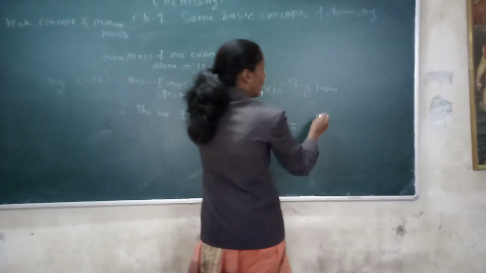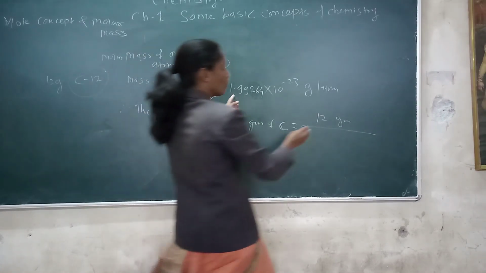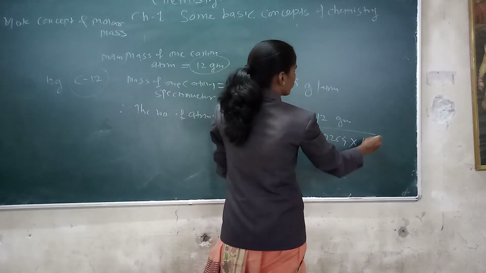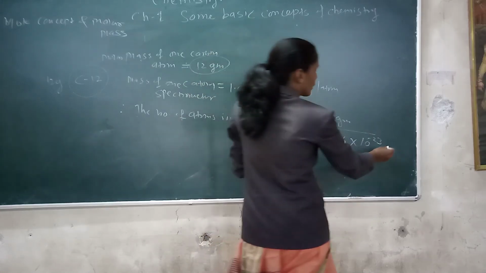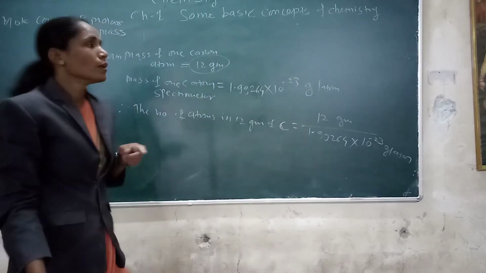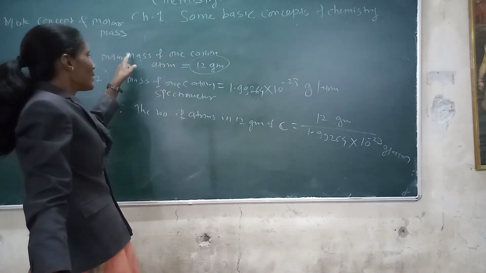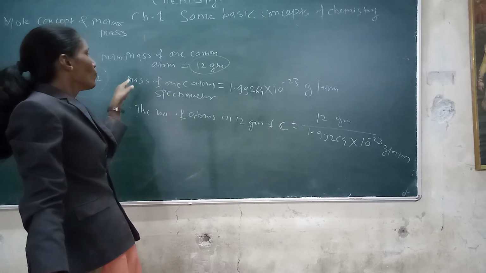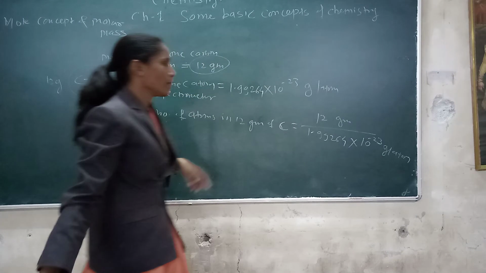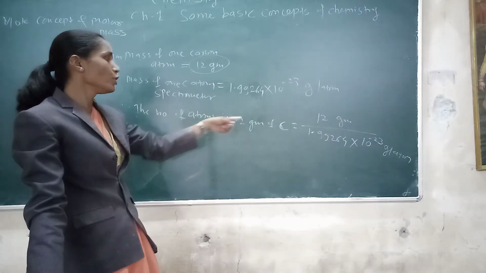Here it is 12 gram upon 1.99264 into 10 raised to minus 23 gram per atom. Molar mass, atomic mass upon mass, that is 12 upon this quantity, gives the number of atoms in 12 gram.